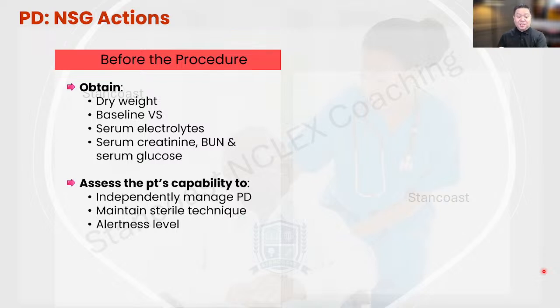Because adverse events can happen if they do things that go against the guidelines. They might harm themselves if they insert their dirty hand into the inlet of the PD access. So we want to make sure that they have that understanding and the mental capacity to go through the different steps.